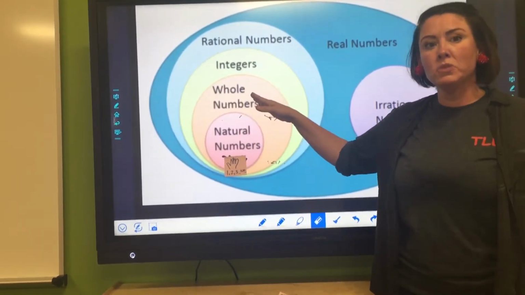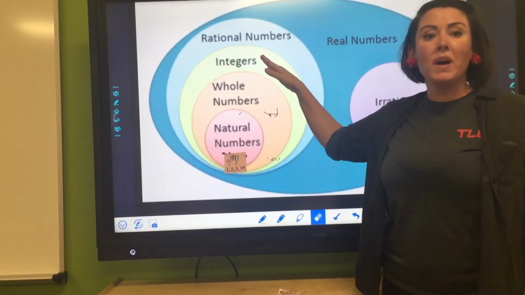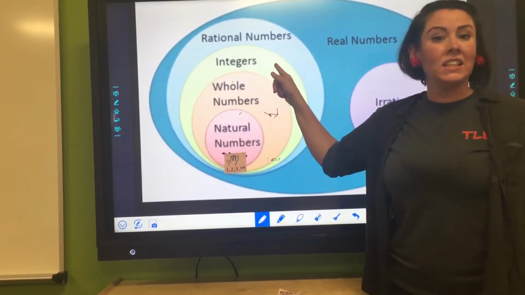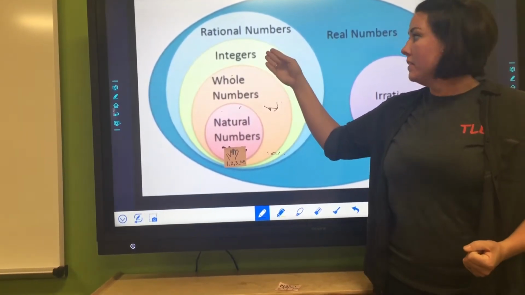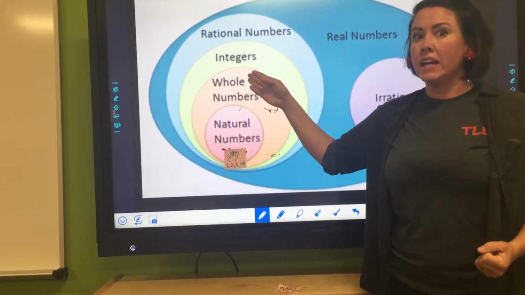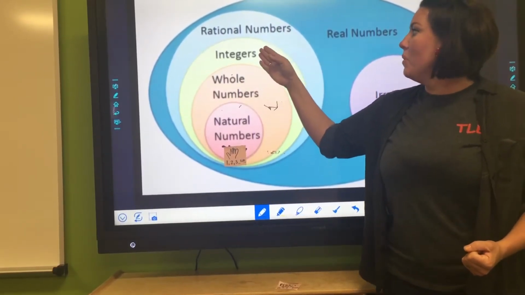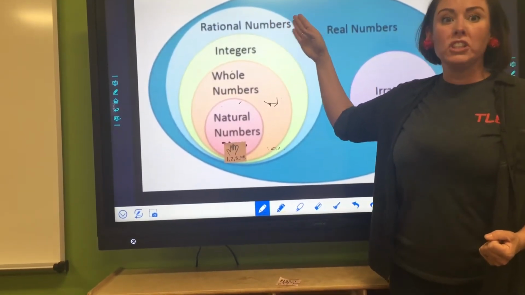In whole numbers, we have 0, 1, 2, 3, 4, 5, 6, 7, 8, all the way to infinity. We already know for integers that we're going to add our negative numbers to this category. So -5 would be an integer. Is -5 a whole number? No. The next category that we'll add is rational numbers.